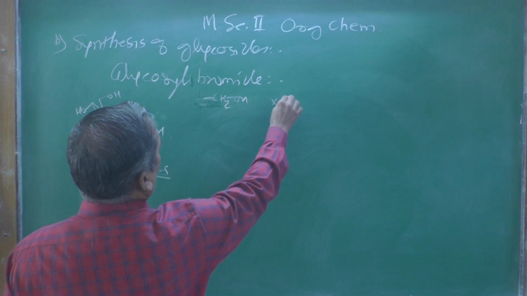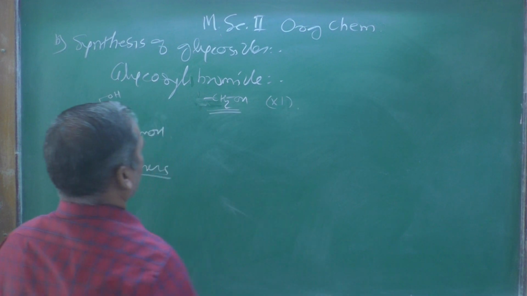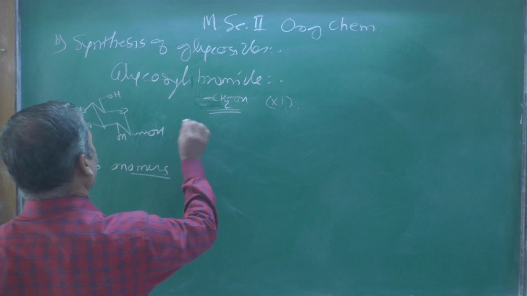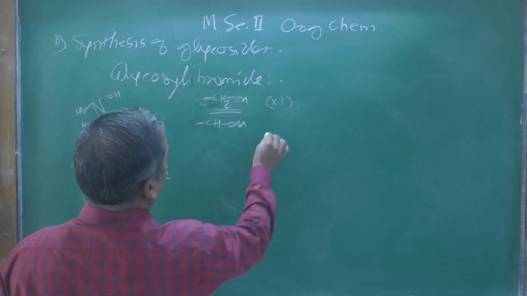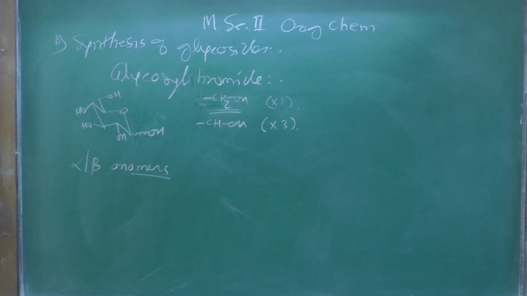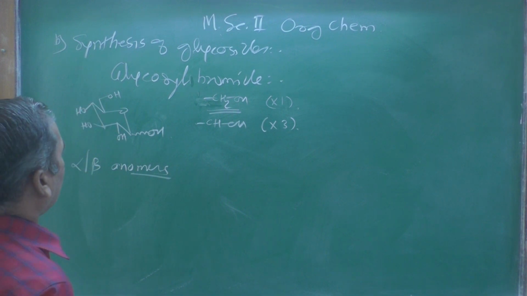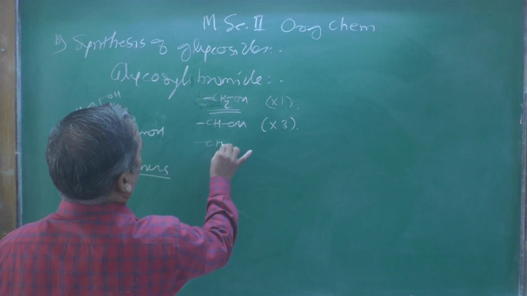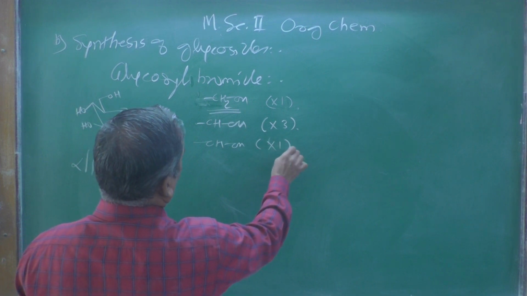Then there are three secondary alcohols, CHOH, hydroxyl groups present in this structure, and one more CHOH, that is the anomeric hydroxyl group.